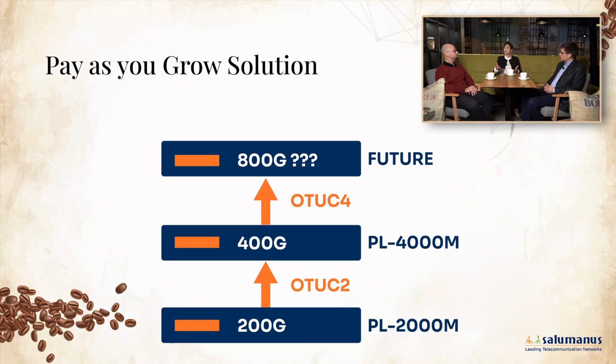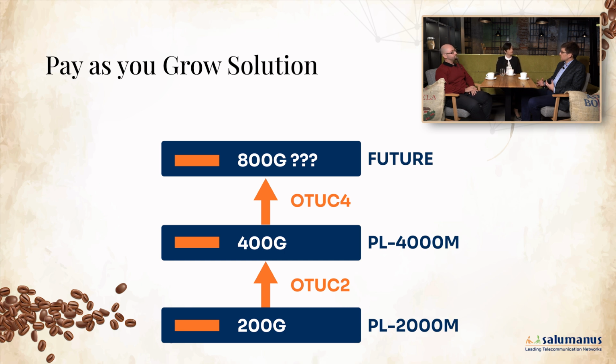So with our technology, you can start even with 200G connectivity, aggregating multiple 10G Ethernet or even Fiber Channel together, and then add another device for 400G and even 800G as the customer requirements grow. So with Packet Light devices, we have a truly pay-as-you-grow infrastructure, never having to throw away your old equipment.